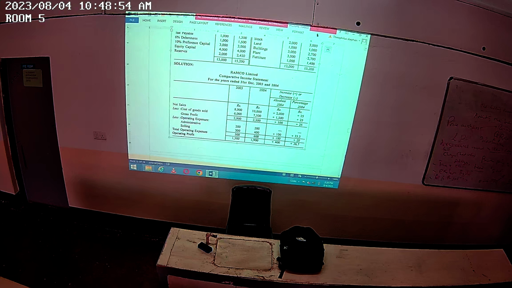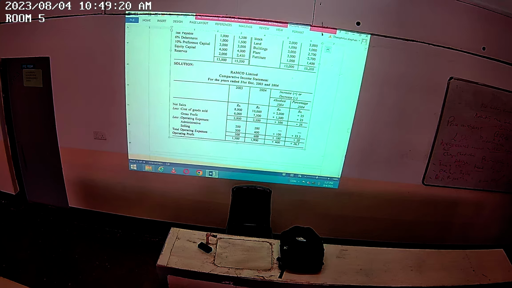Any thoughts with regard to the notes that I've just given you? In terms of the percentage, we need to compare with the original there.